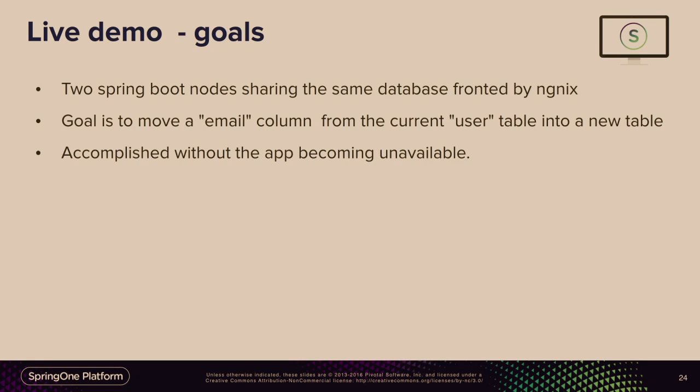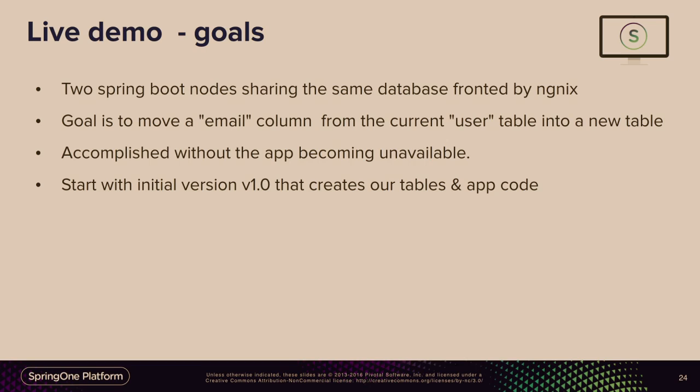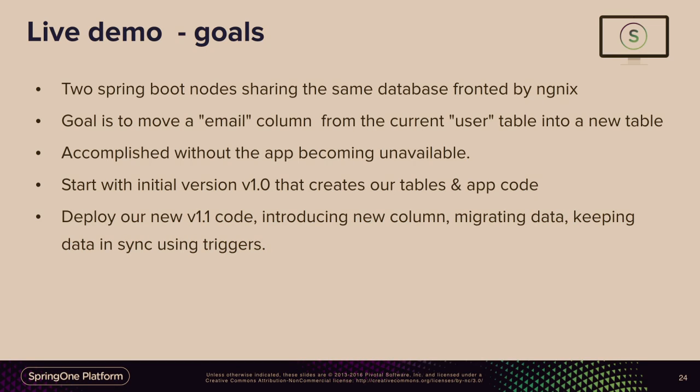There are 3 notable stages in this demo for us to accomplish what we are trying to do here. So the first would be the deployment of version 1.0. And this deployment includes the initial table creations and the application code related to that. The second would be to deploy the version 1.1 of the code, and this would be deployed to one of the nodes.